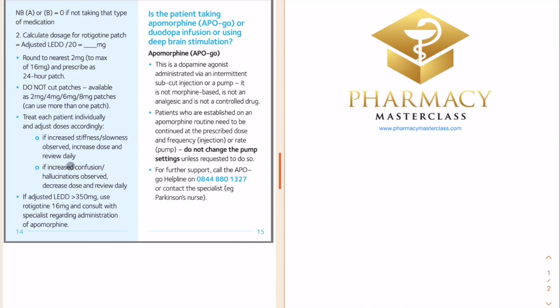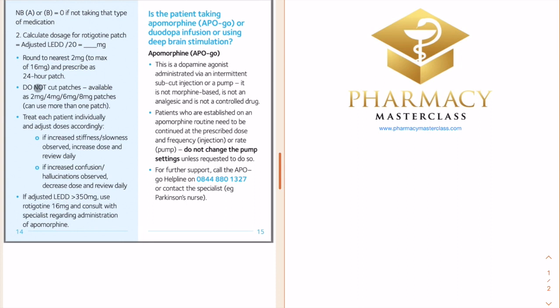There's also a scenario where, when you've calculated in the third stage, which I'll talk about in a few moments, the levodopa equivalent daily dose, the total amount, if it exceeds 350 milligrams, then you must only use 16 milligrams of the rotigotine dose.